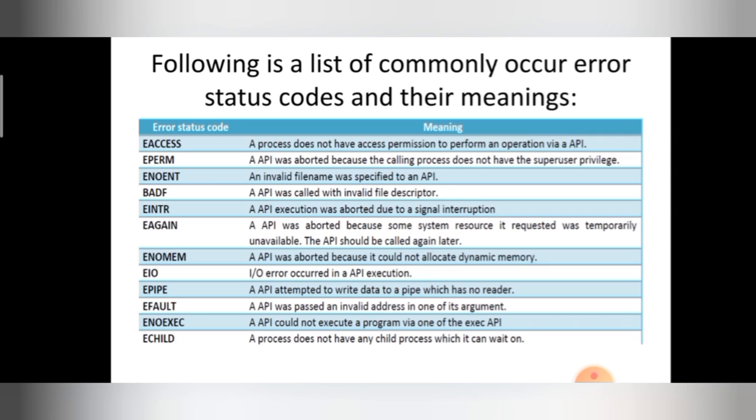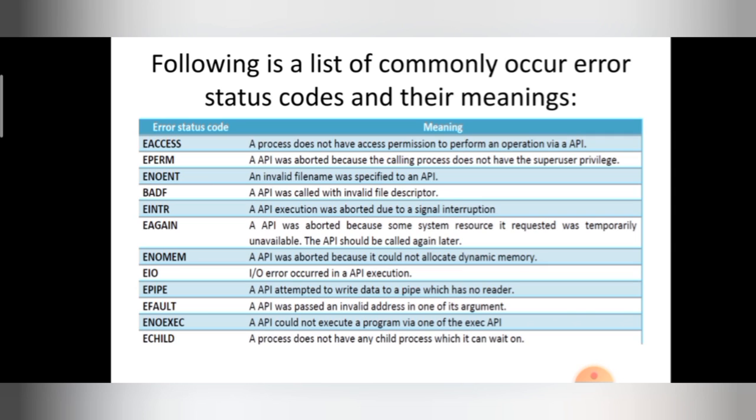First one, EACCES. What does it mean? If this code is displayed, you should understand that a process does not have access permission to perform an operation through an API. So the user will understand that this process doesn't have access permission, and will do whatever he wants to make it work. Next, EPERM. What is the meaning of this error code?